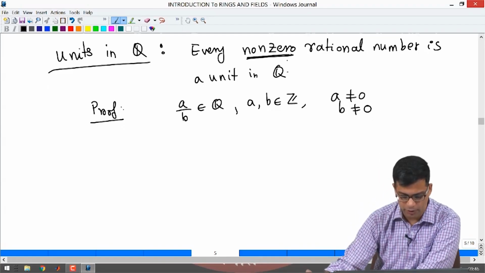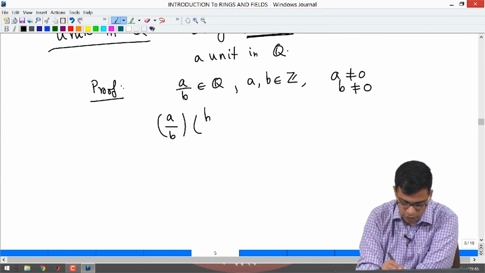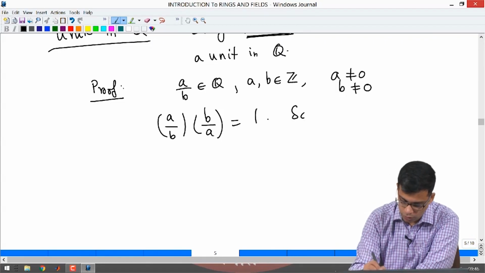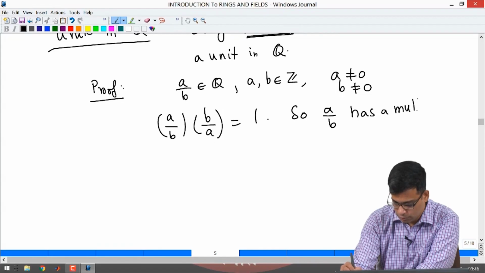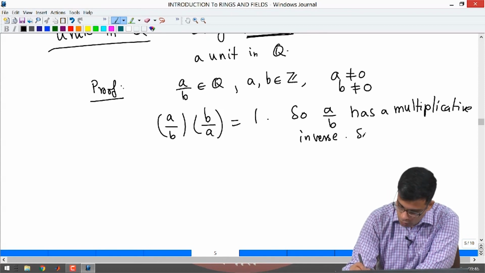Does it have a multiplicative inverse? It does, because a by b times b by a is 1. So a by b has a multiplicative inverse. So it is a unit.